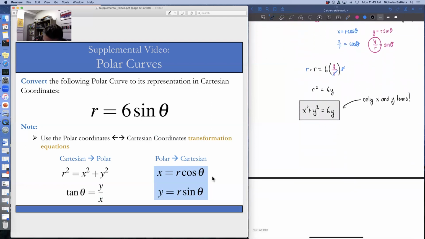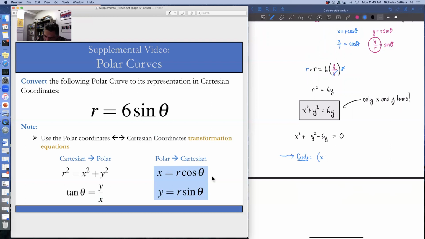So if we subtract that 6y from both sides, we'll have x squared plus y squared minus 6y is equal to 0. Now, maybe I should tell you where we're going here. If you remember the general form of a circle, we could think of it as the following.